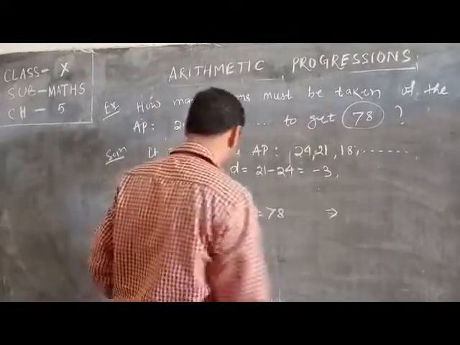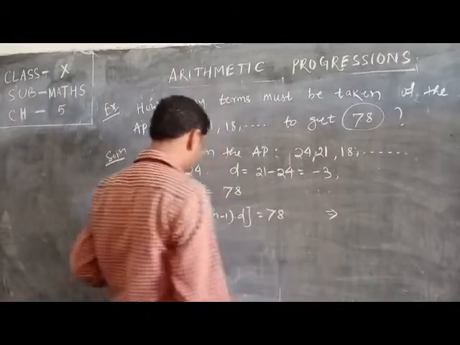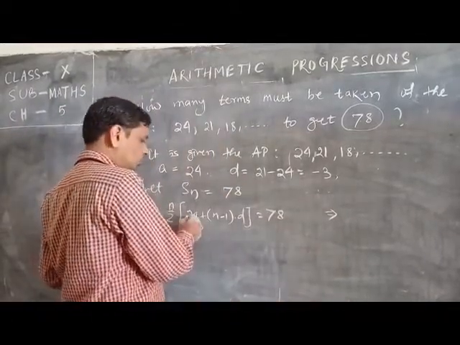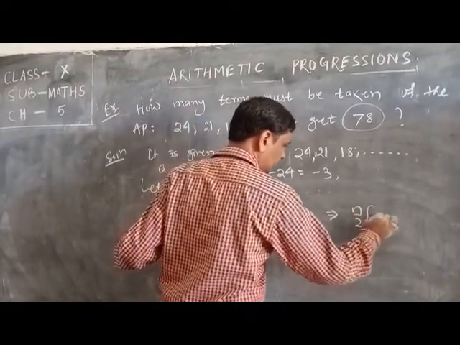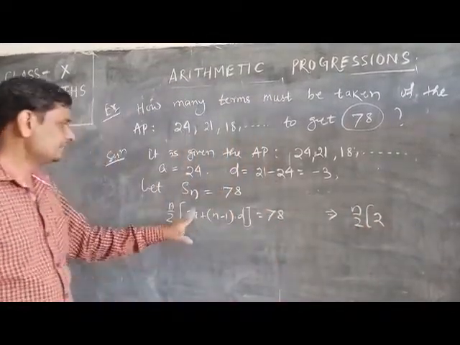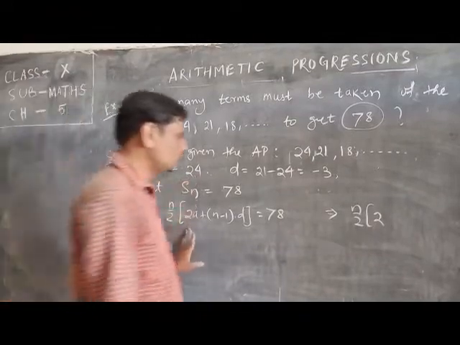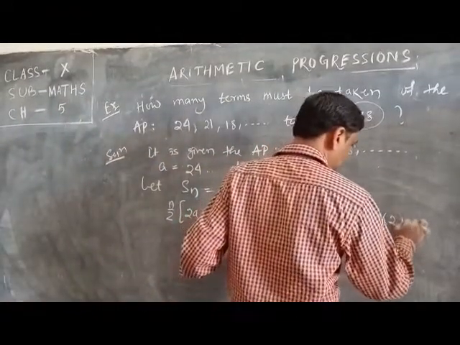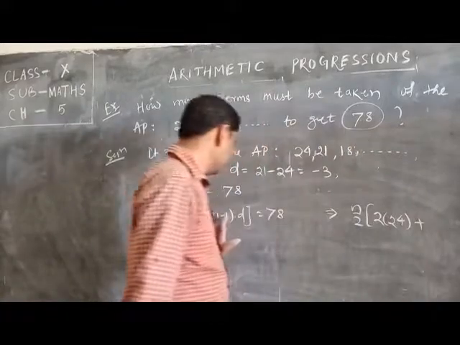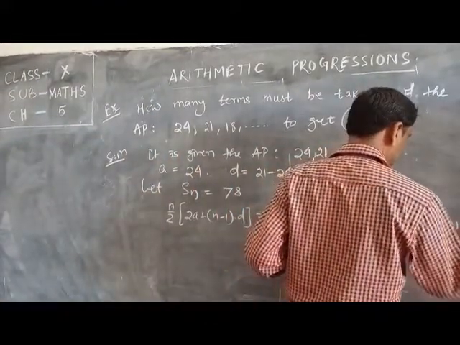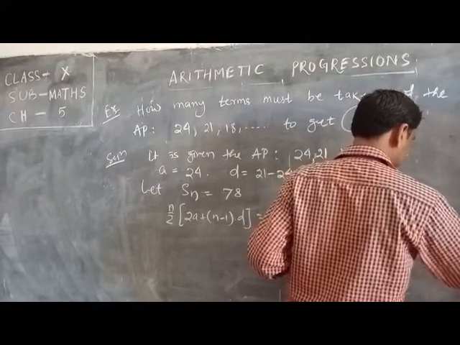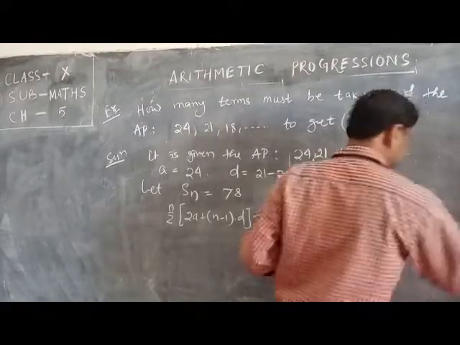This implies n by 2 into 2a. In place of a, we can put 24. 2 into 24 plus n minus 1 into d, that is n minus 1 into minus 3, is 78.